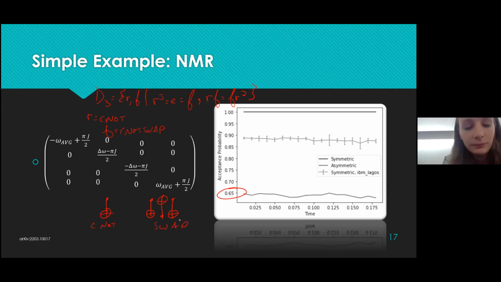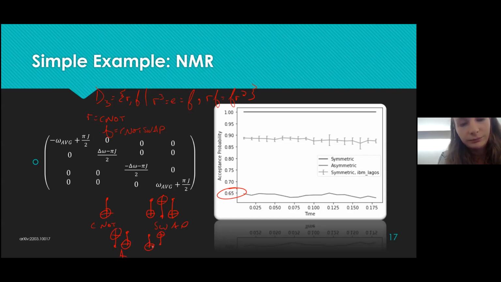And so your group elements become C0 swap, which is this. This is F. Swap C0 is actually equal to C0 swap, C0 swap. So you get this guy.